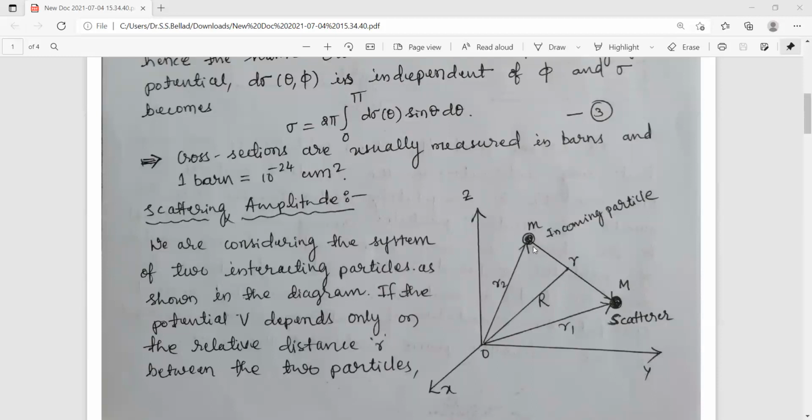So these are the two interacting particles. So this is the incoming particle and this is the scatterer particle.